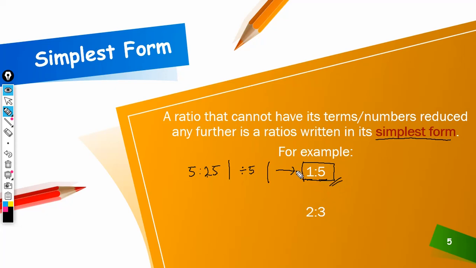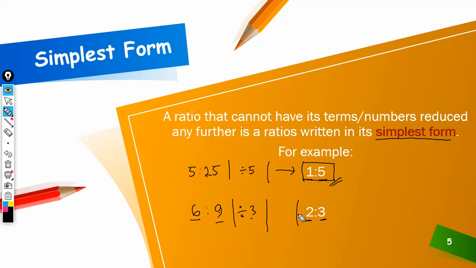Okay, let's see another example. Let's say the ratio of 6 to 9. Now we divide both by 3. So 6 divided by 3 is 2 and 9 divided by 3 is 3.